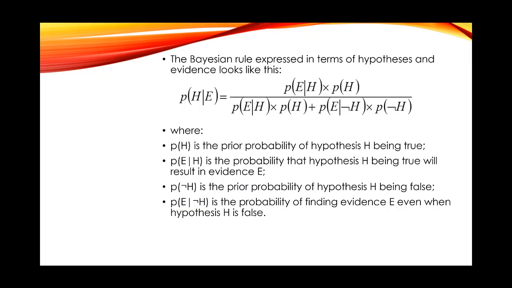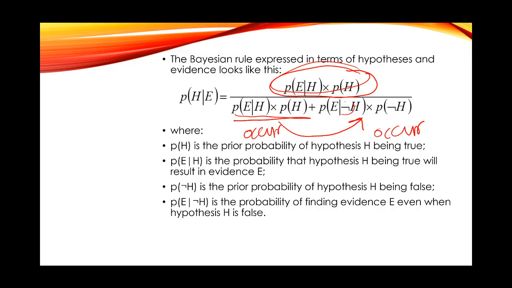So this is a formula whereby we have the probability of the event occurring over the probability of the event occurring plus the probability of the event not occurring. That is why we have here the hypothesis that is negative.